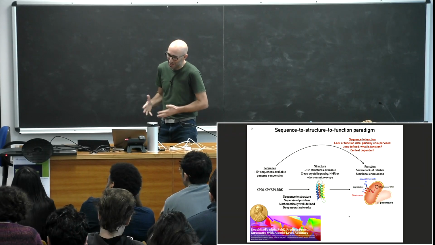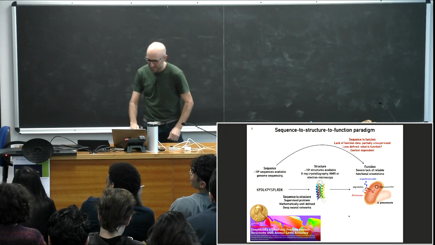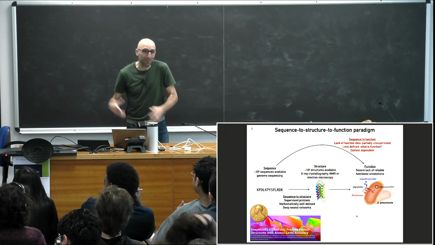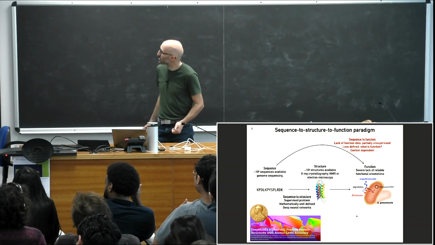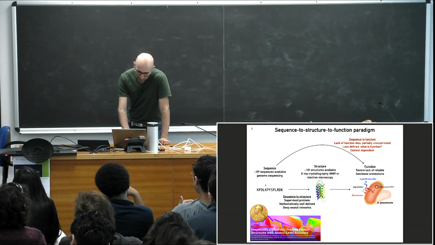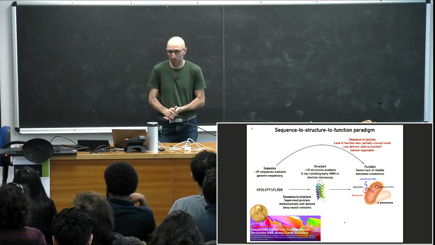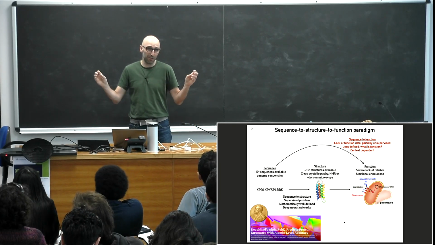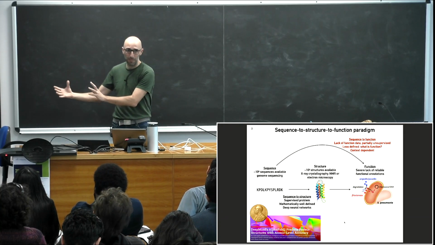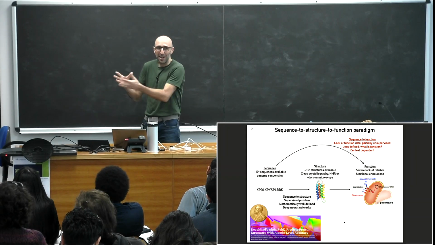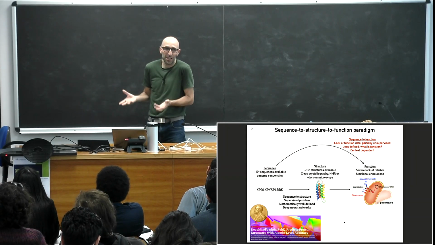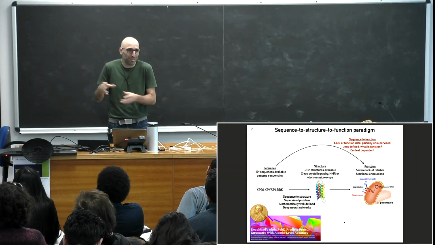And what you would really like to know is, given a sequence, what is the function of the associated protein. The problem is that the mapping from sequence to structure is a mathematically well-defined problem, because you start from a string of letters and you want to map that into a physical protein, which is a collection of coordinates of atoms.